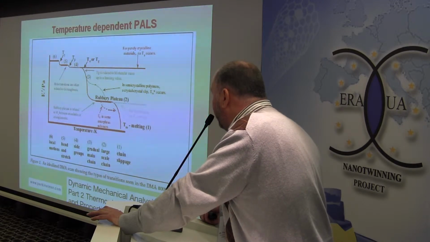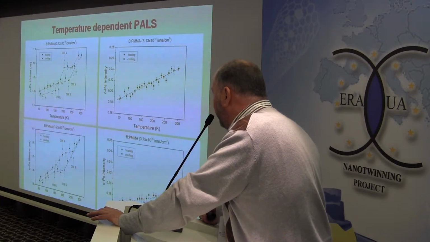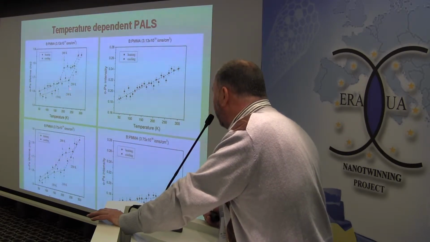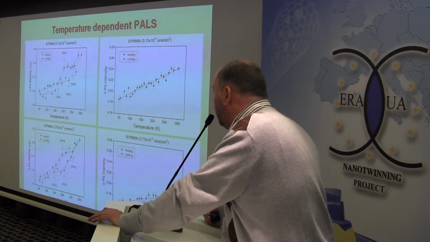We can also explain our threshold temperatures, 170 and 250 K, as connected with the gamma and beta transitions below Tg.